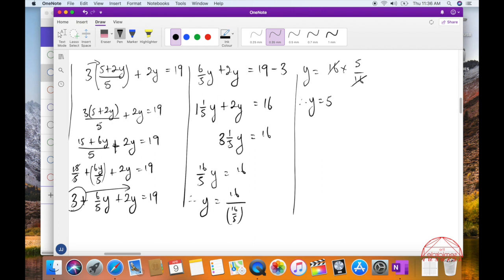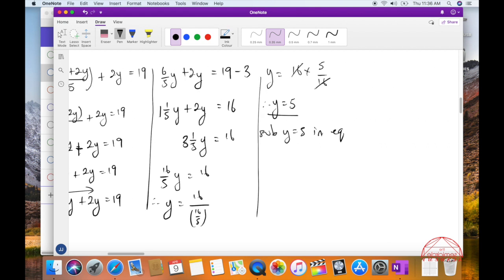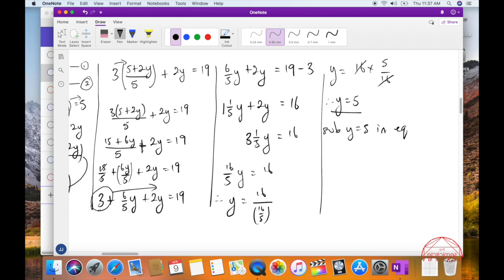Right? And now that we have a value for y, let's sub y is equal to 5 in any one of the equations. It really doesn't matter. But since we used equation 1 to come up with the value for y, let's sub it in equation 2.